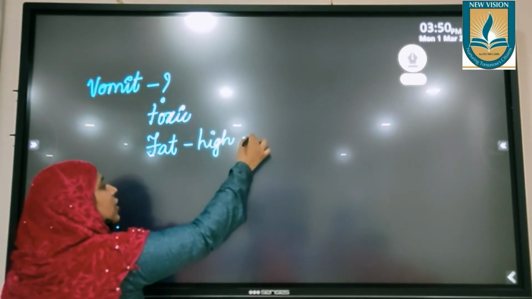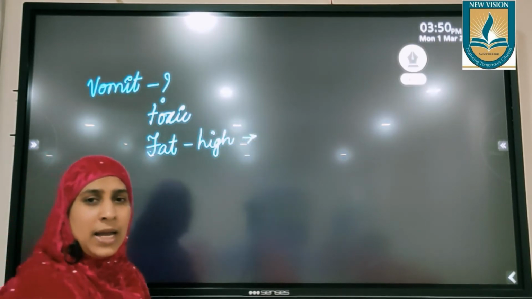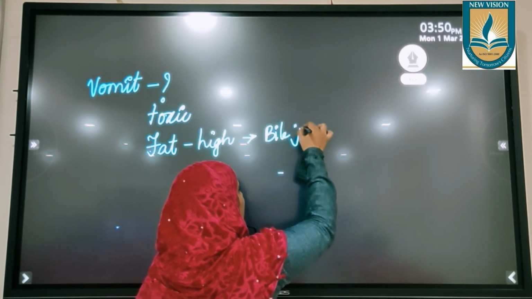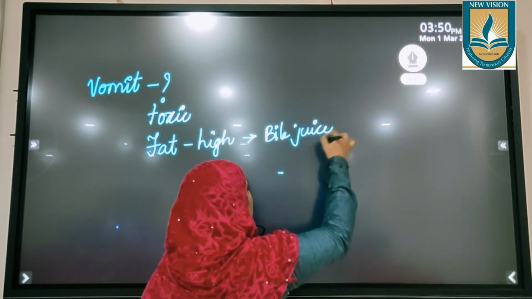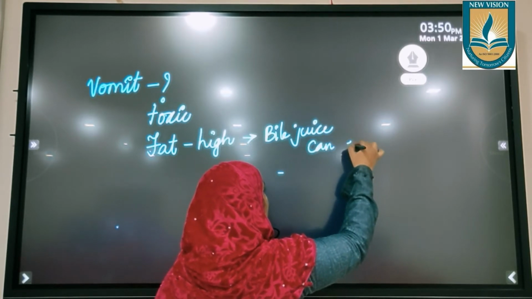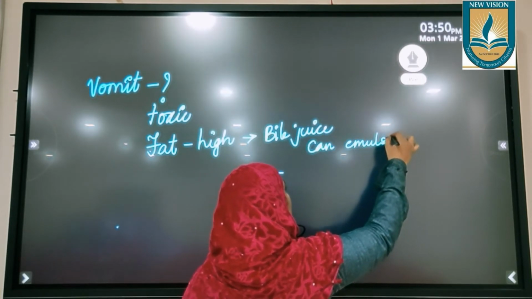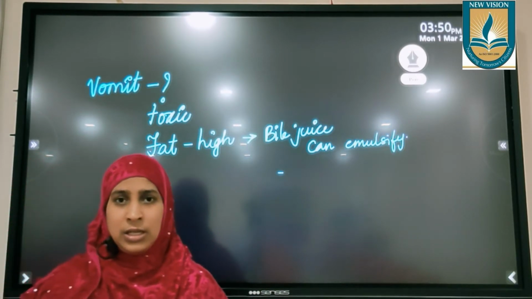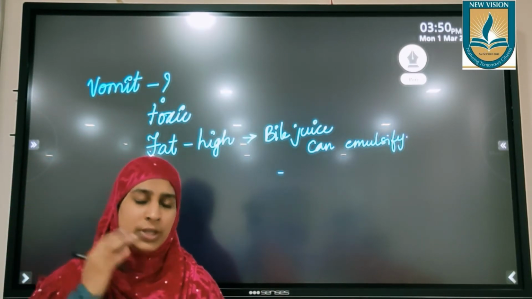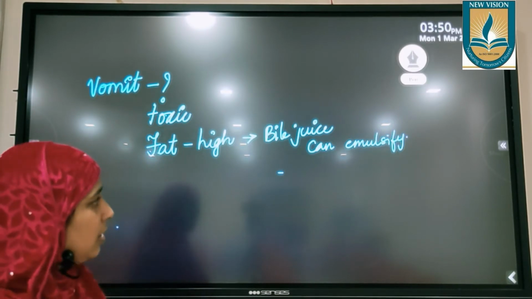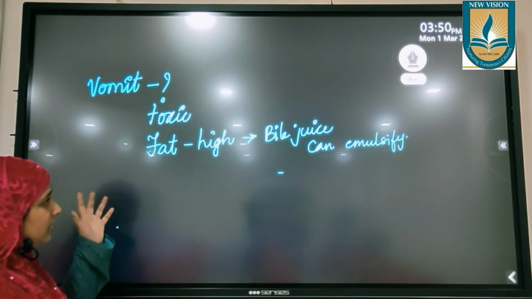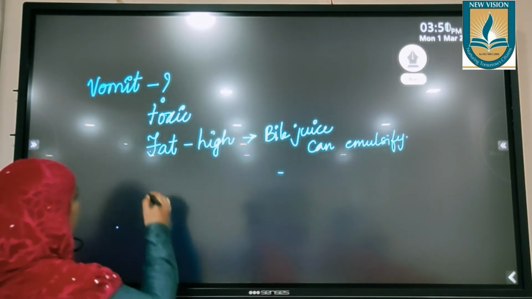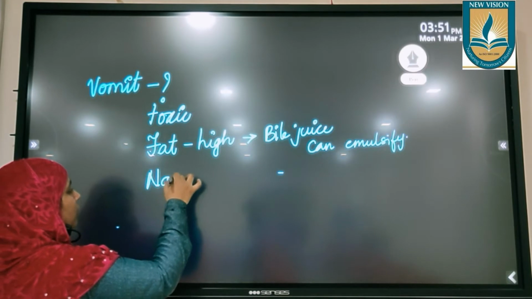If the fat content is very high, bile juice cannot emulsify the excess fat. Because of this, we get a nausea feeling, a vomiting feeling, and we vomit the food outside.